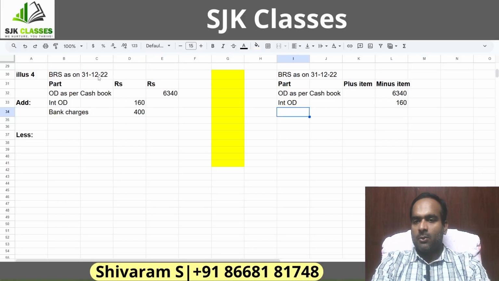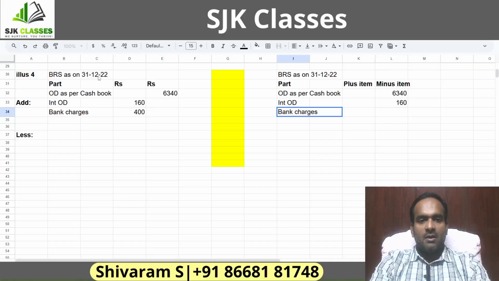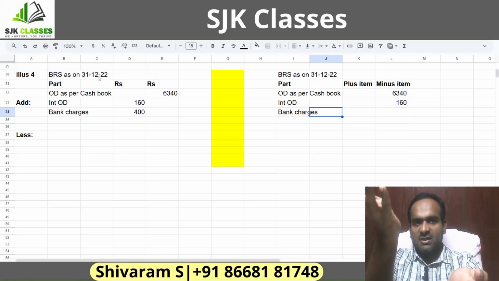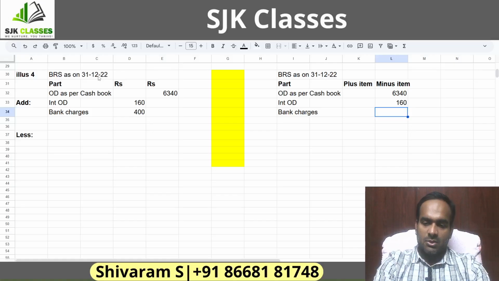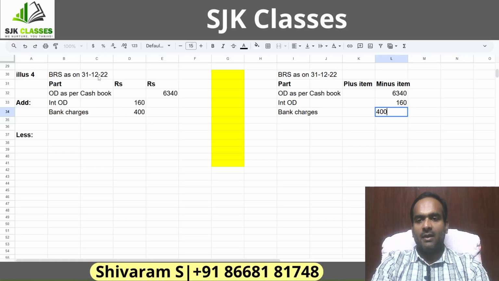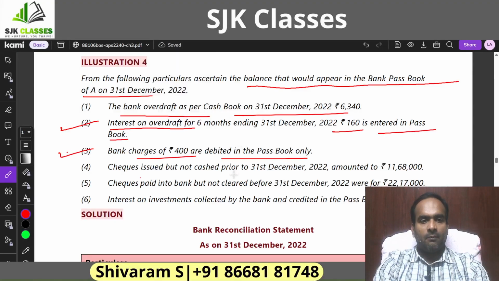And those who are following the other approach, what should you do? If the hand movement is coming as addition, you'll be showing it on the minus item. So it's going to be in the minus column, enter the amount as 400. Just listen here. I'll give the full logic for this, why it's done in the opposite way. I'll explain it in just a minute.